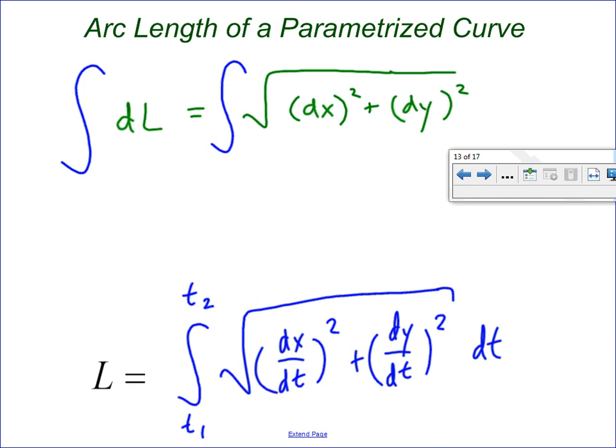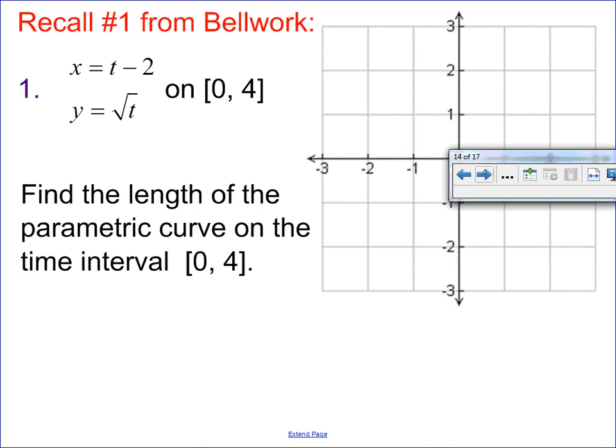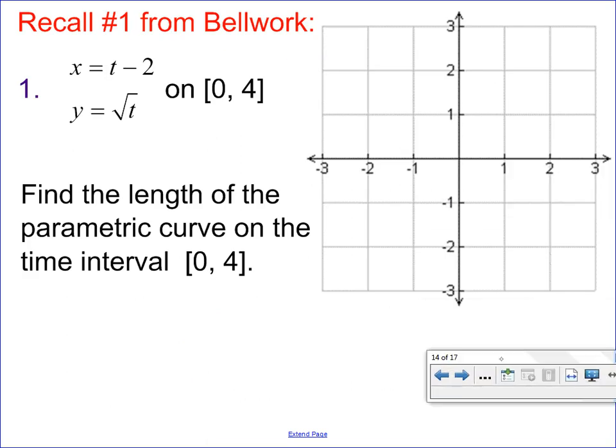So let's go ahead and see if we can't use our arc length formula to answer some questions like, what's the length of the parametric curve on the time interval 0 to 4? All right, so what do we have for this bad boy? Well, this was number 1, so we had -2 comma 0, didn't we?